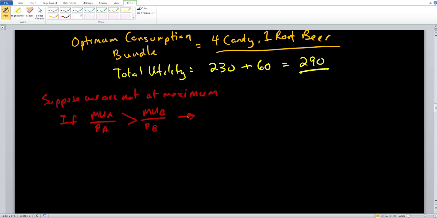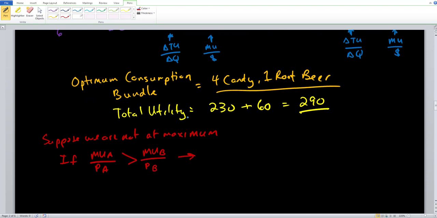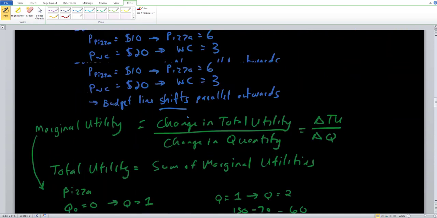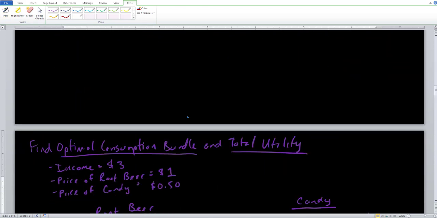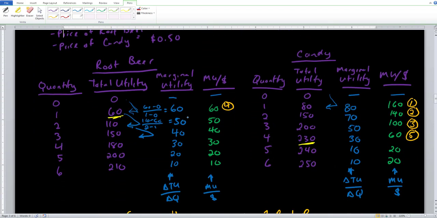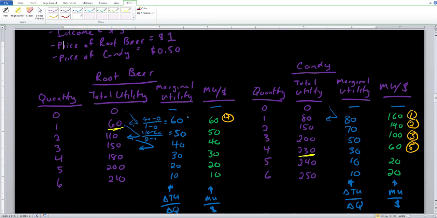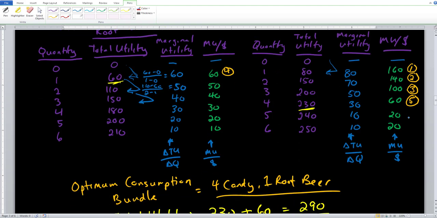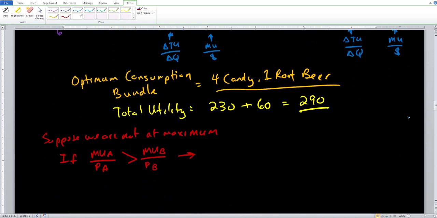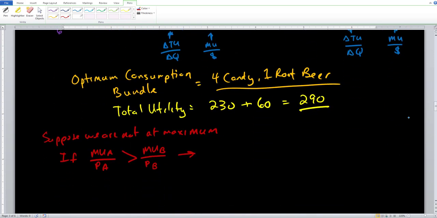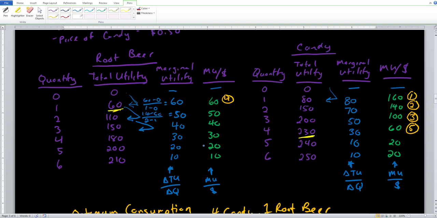In this instance, remember, if marginal utility of A divided by the price of A, so the marginal utility per dollar, is greater, then you would want to go ahead and consume more of that good. So we can say at the very first step right here, we notice that 160 is greater than 40, so therefore you would want to go ahead and buy this particular good. So anytime you notice that your bang for your buck for this particular good is greater than the other good, you should go ahead and buy more of that particular good.